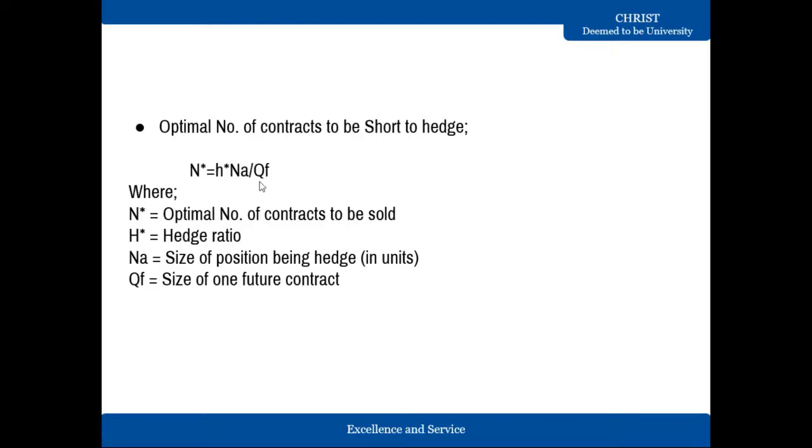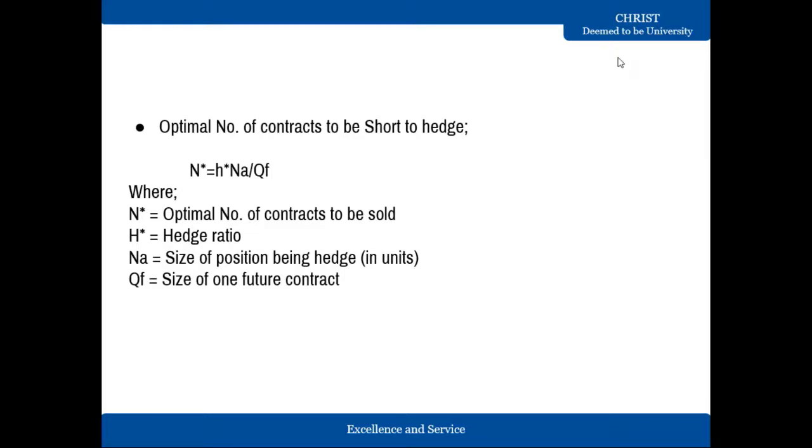QF is the size of one future contract. By taking these values, I get N star, which is the optimal number of future contracts.